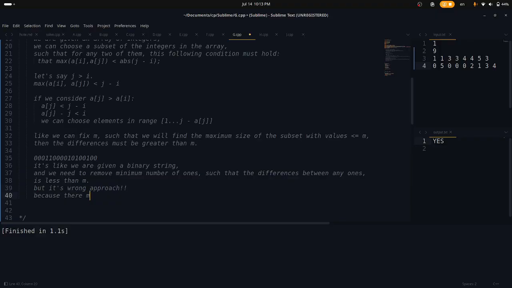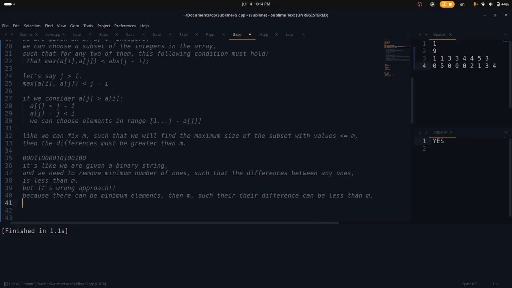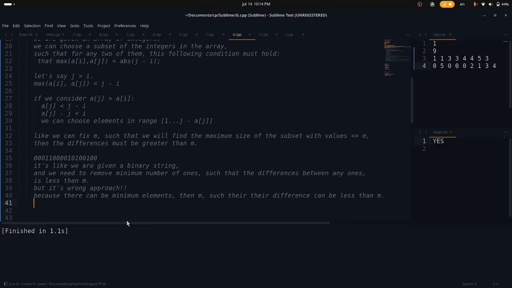Because there can be elements less than m such that their differences can be less than m, right?